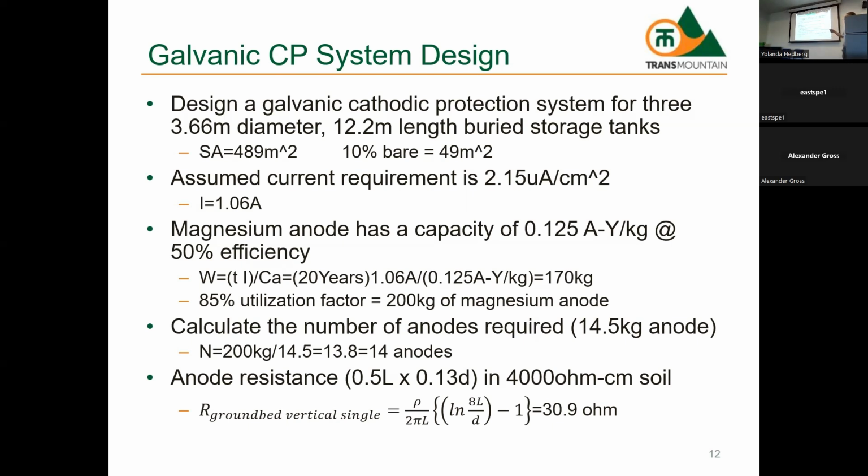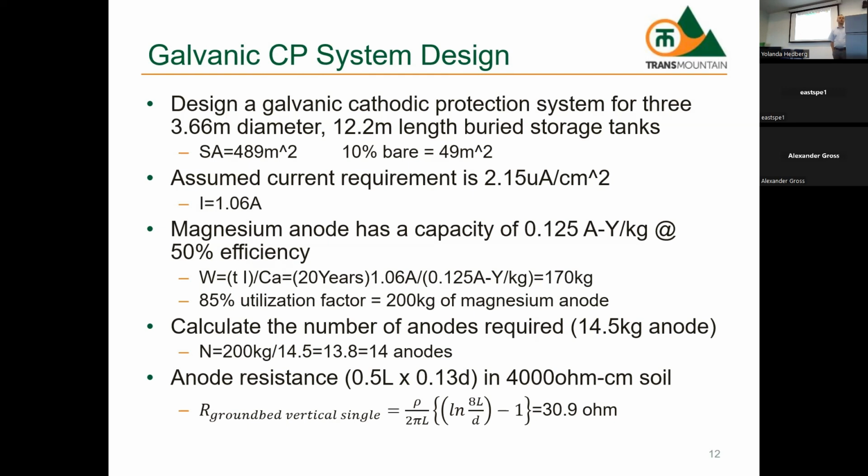Plug that in to figure out, based on our required current of 1.06 amps and our life, we're trying to get 20 years out of this magnesium anode putting out 1.06 amps, how much weight of magnesium do we require to design this system? And we get 170 kilograms of magnesium.